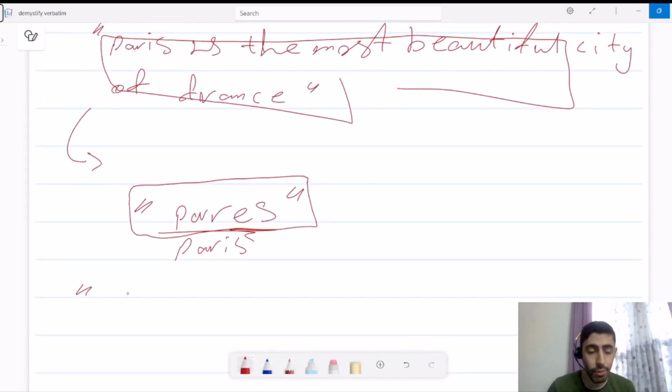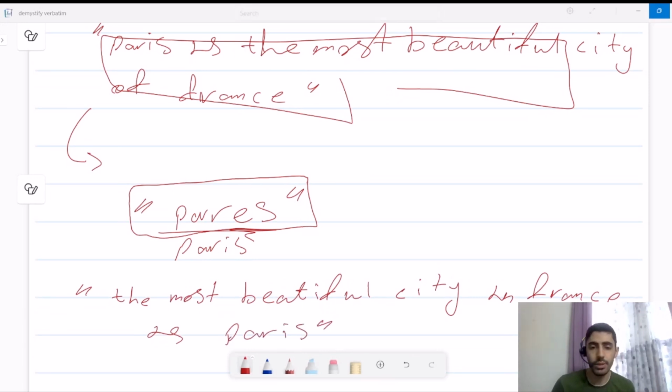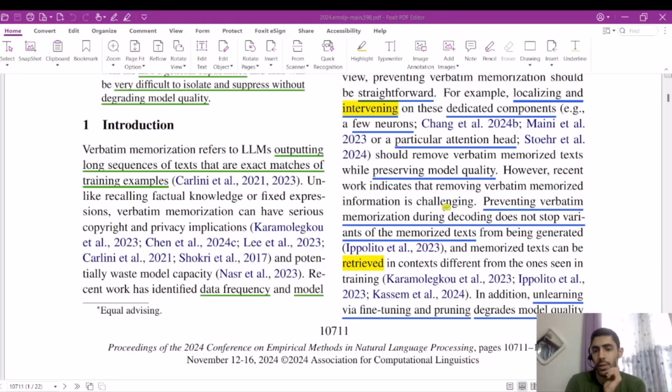It would rephrase it as "The most beautiful city in France is Paris." As you can see, the constraint provided by if-else or something like that is not efficient in this context. Memorized text can be retrieved in a context different from the one seen in training.